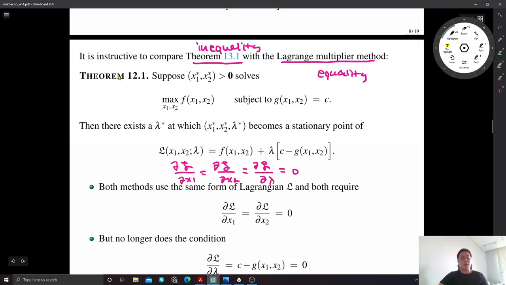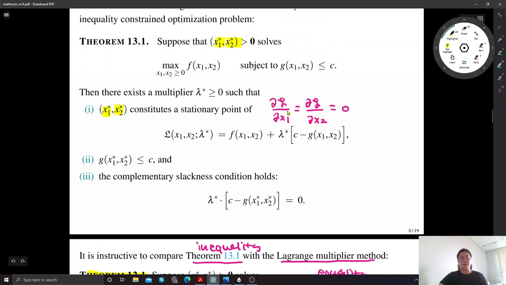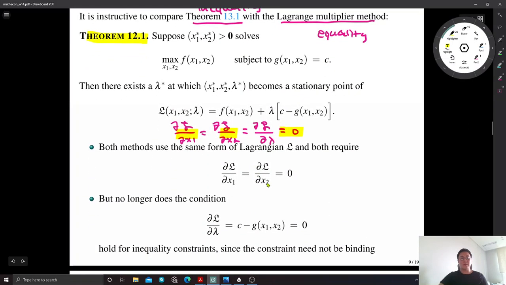In the Lagrangian multiplier method, these two are equal to 0. And in the Kuhn-Tucker theorem, the very first condition requires x1 star and x2 star to be a stationary point of the Lagrangian. So we have the same condition and the same Lagrangian.